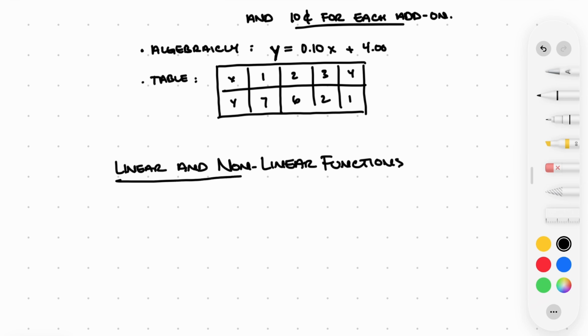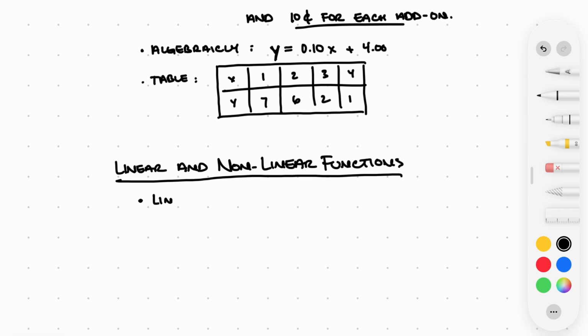So when we're talking about linear and nonlinear functions, we have to remember that we're still talking about functions. But sometimes they can go in an order, or sometimes they're a little bit more chaotic. So we could phrase it this way.